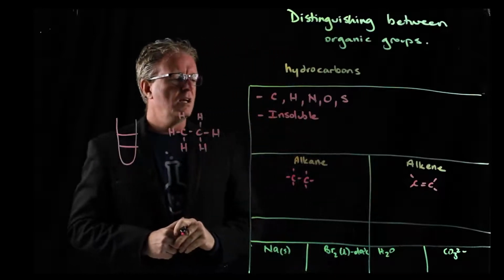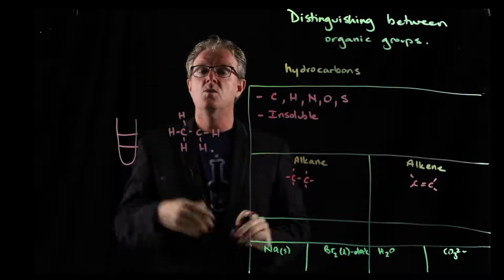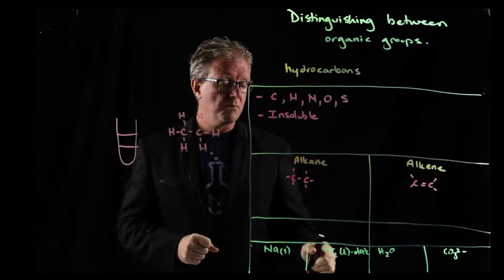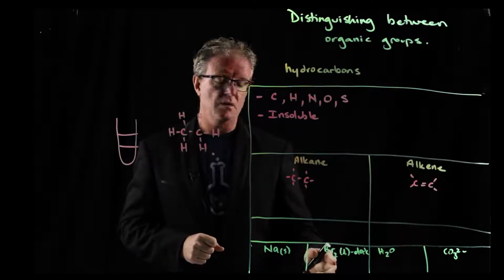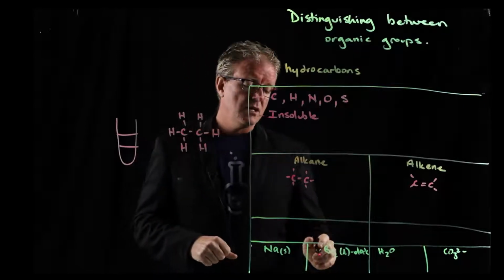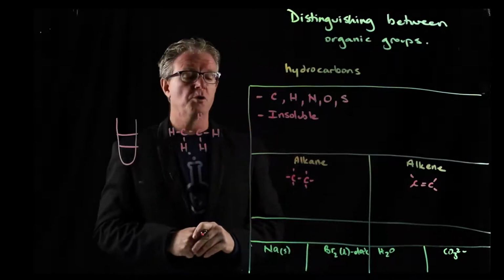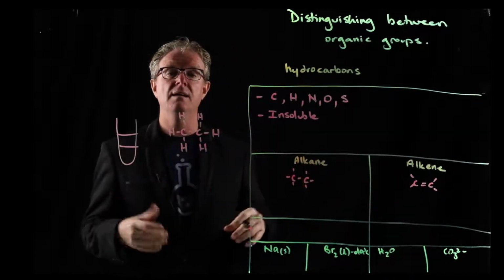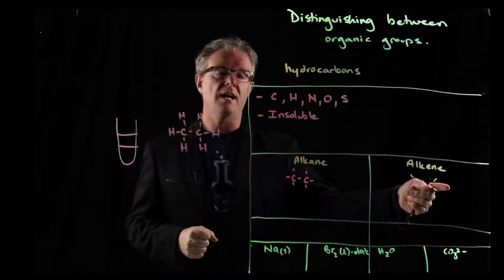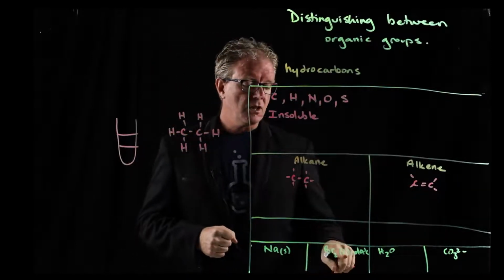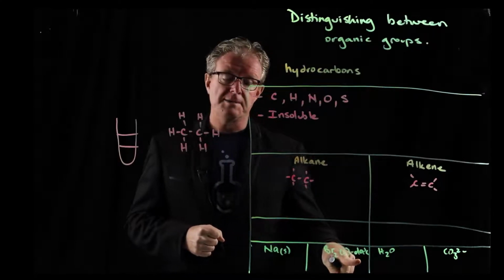Okay, how can we tell the difference between those? Well, we've done that previously in the course, and we've said that we can determine them based on the bromine water test or the bromine liquid test, right? So in other words, we put a sample of bromine into an alkane and into an alkene. If it decolorizes rapidly in the dark, then that's telling us it's an alkene because it's undergone an addition reaction to the double bond. So that's why I've got down here bromine is in the dark.